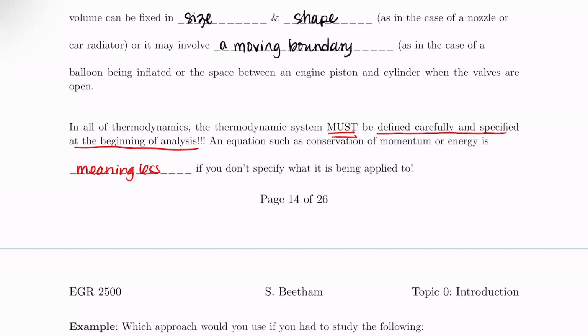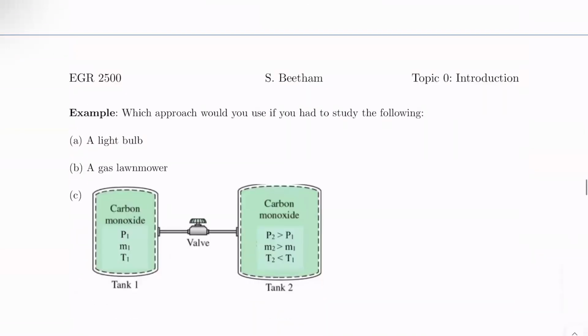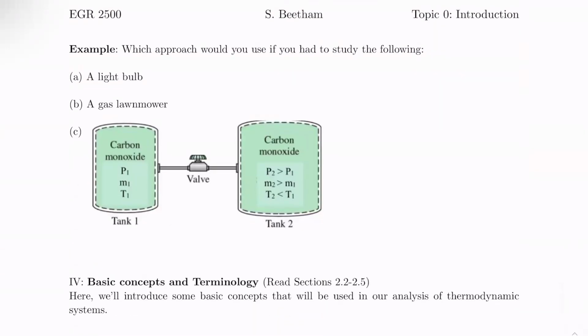All right. Okay, so let's do a couple of examples. Let's consider some systems and decide whether it would make the most sense to consider them as open or closed systems. The first one is a light bulb. What do we think? Open or closed system? Closed, yeah.